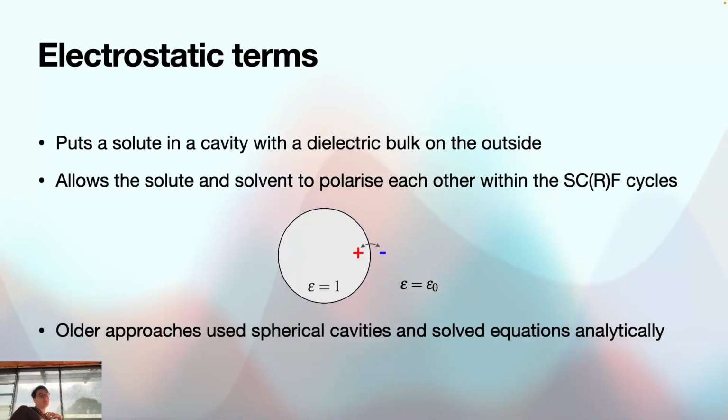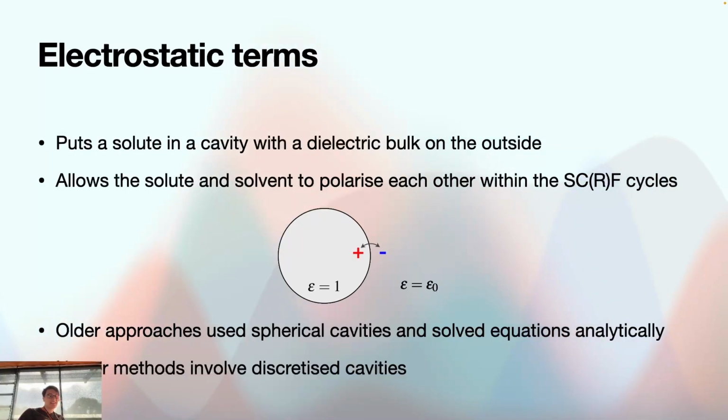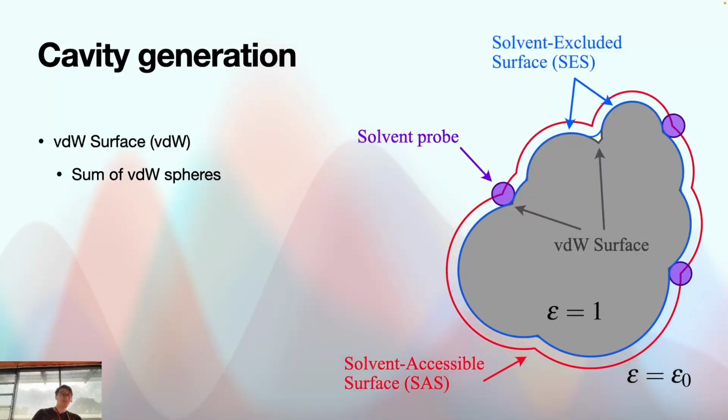Older approaches to this use spherical cavities and solved equations analytically. Newer methods involve discretized cavities, and we'll get into that here because cavity generation is kind of fundamental to anything that you're dealing with on this front.